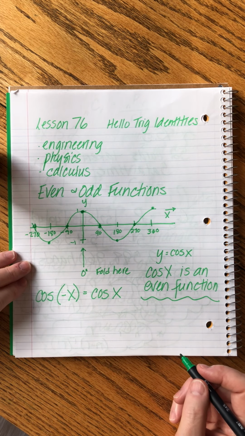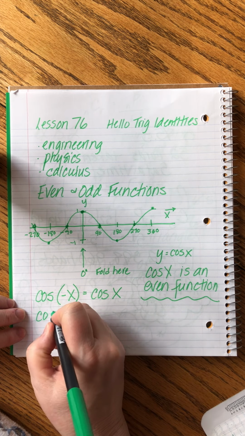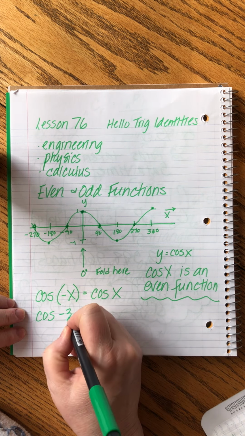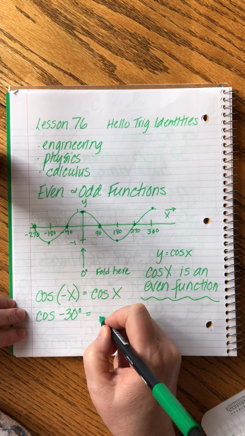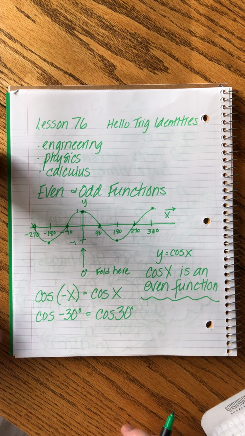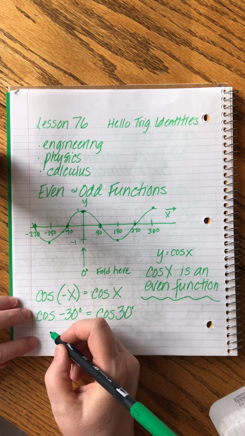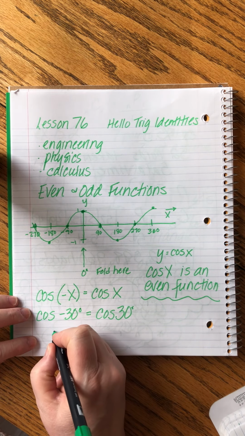And let's just put in numbers to help us see if we believe it. We can use our unit circles. The cosine of negative 30 degrees should be equal to the cosine of 30 degrees. And if you have your unit circle handy, you can double check that. You'll find that they are both square root of 3 over 2.